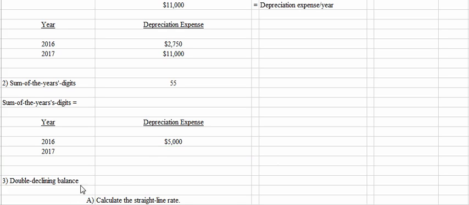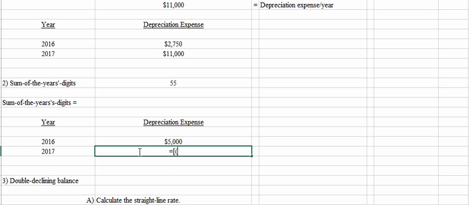Now, it's easy to think for 2017 to just say our depreciable base, the $110,000, times 9 over 55. But remember, we still have 9 months to go in year 1. So that makes this one a little trickier. I'm going to start out with some brackets.